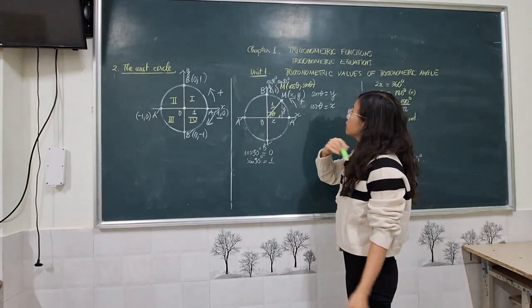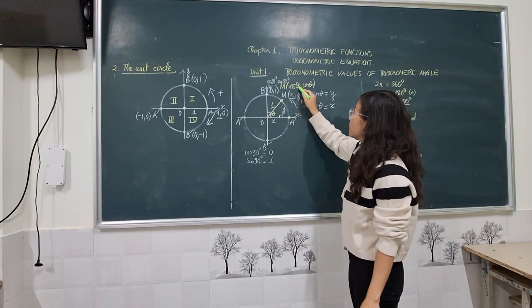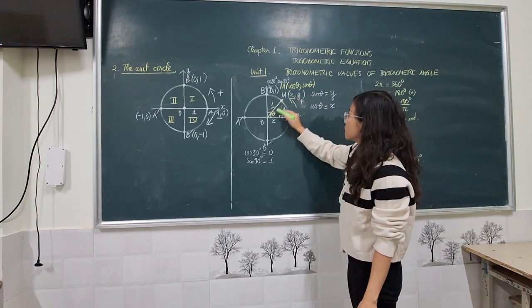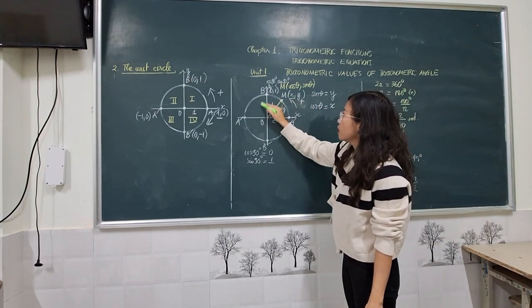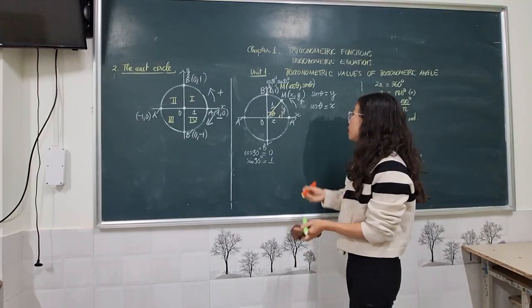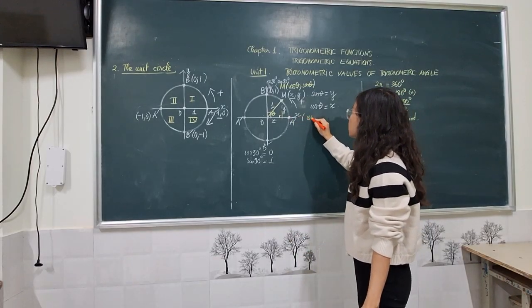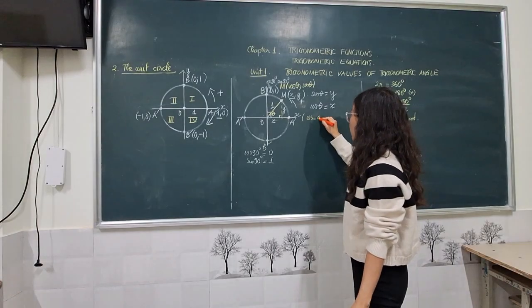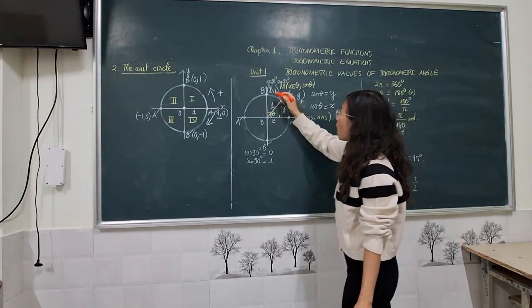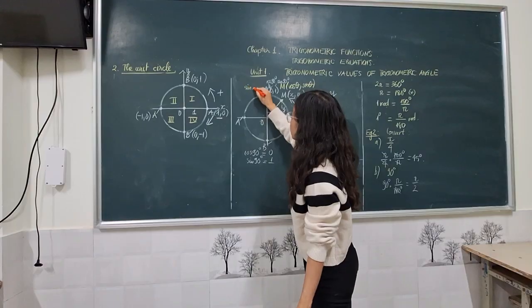Because the coordinates of the point M are cosine theta and sine theta. Cosine theta here and sine theta here. So now the x-axis is called the cosine axis, and the y-axis is called the sine axis.